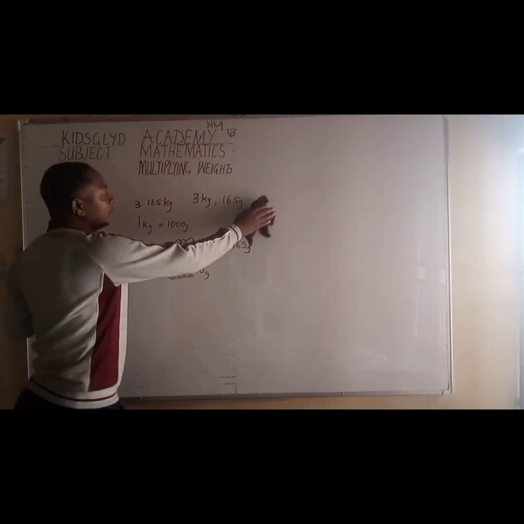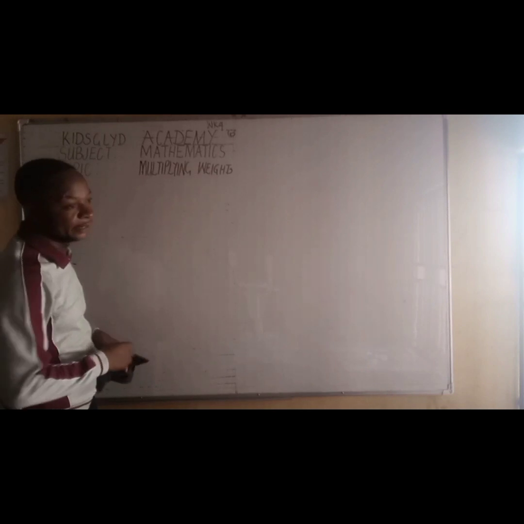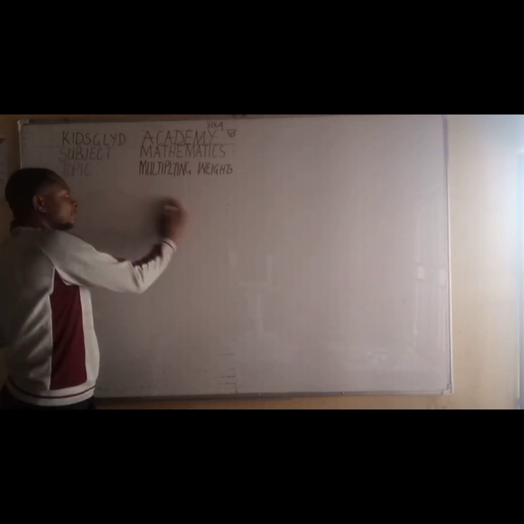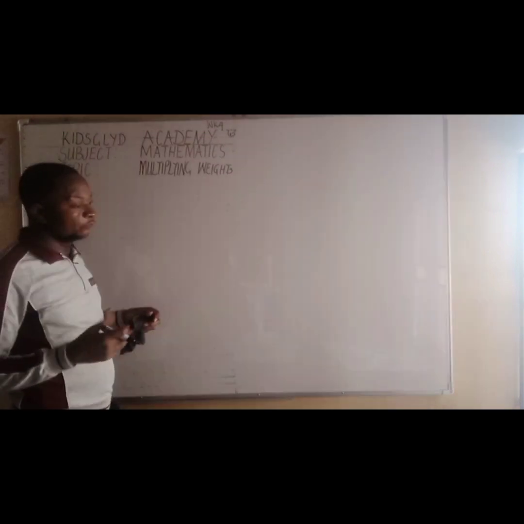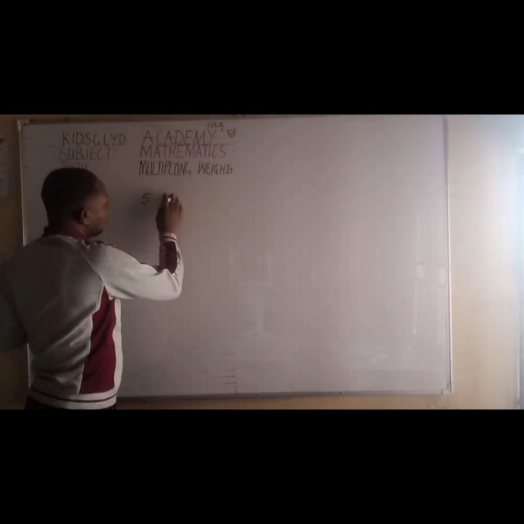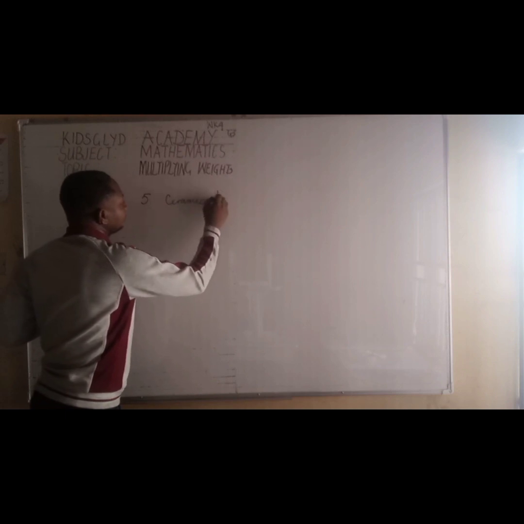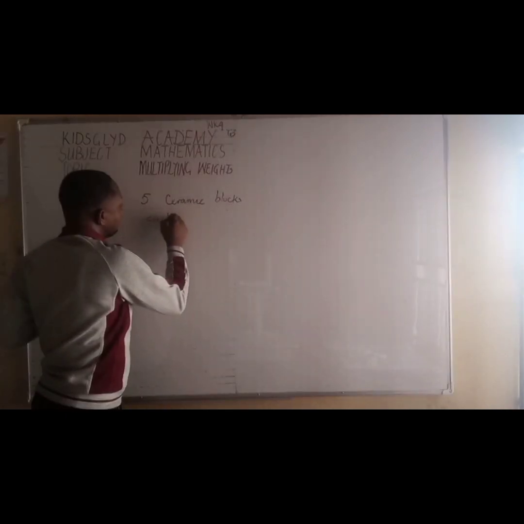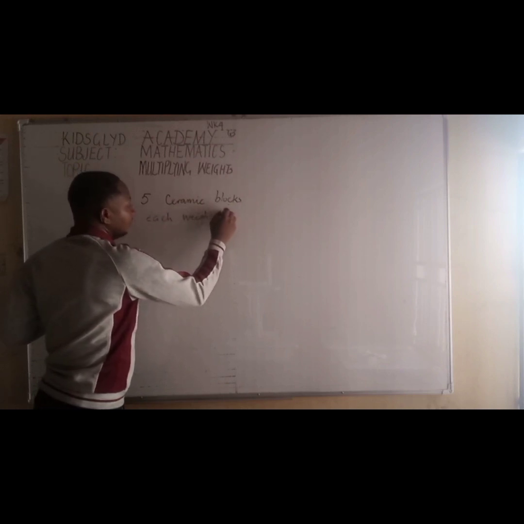Now, how do we multiply this? The major thing we are doing today is to multiply weight. For example, we have 5 ceramic blocks, each of them weighs 5 kg.